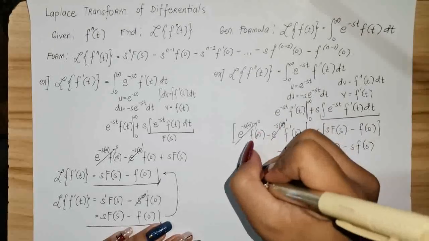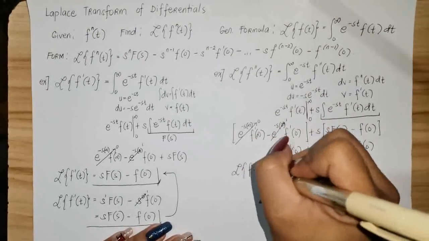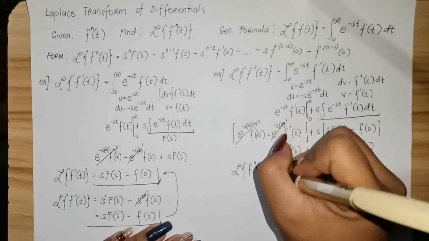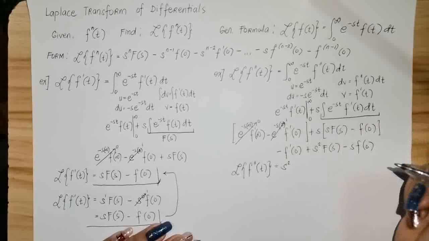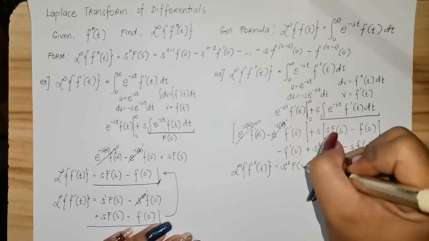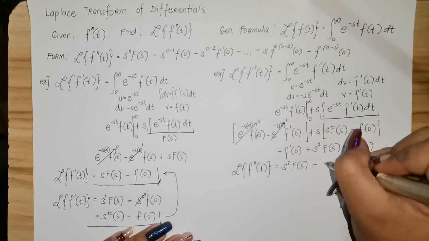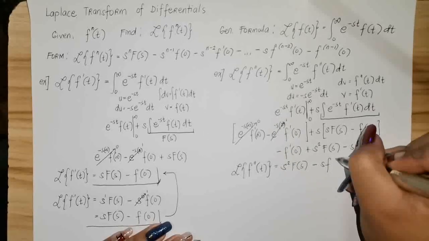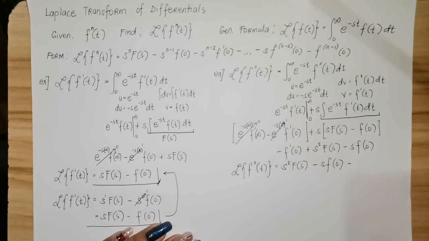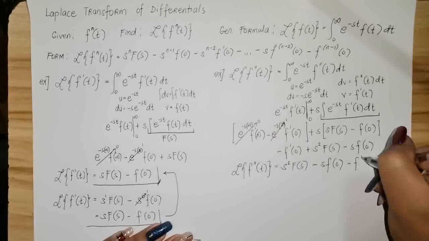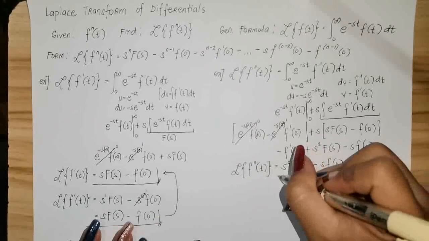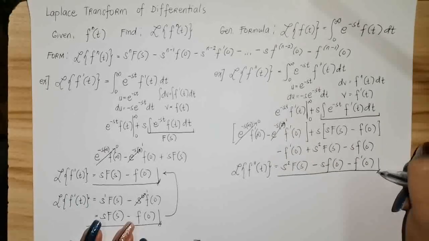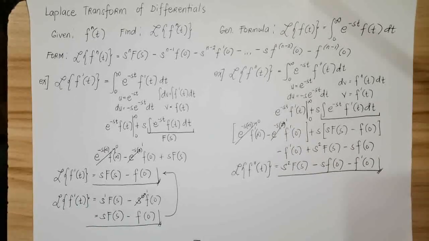So the Laplace transform of the second derivative of f of t will be s squared F of s minus s f of 0 minus f prime of 0. So that is your answer using the general formula.